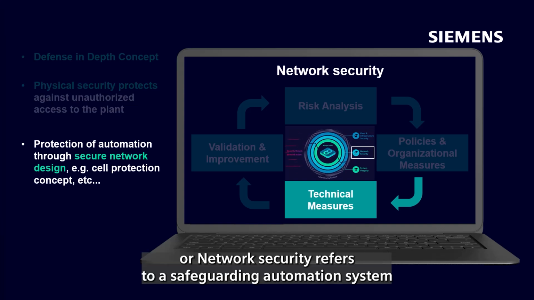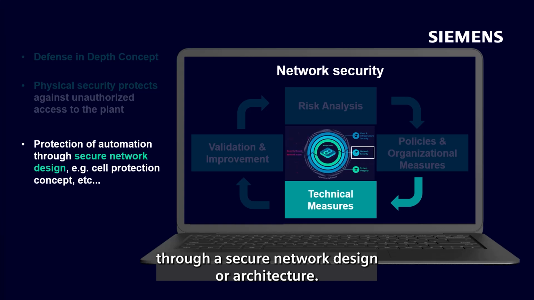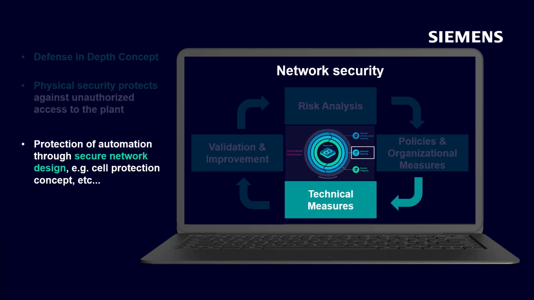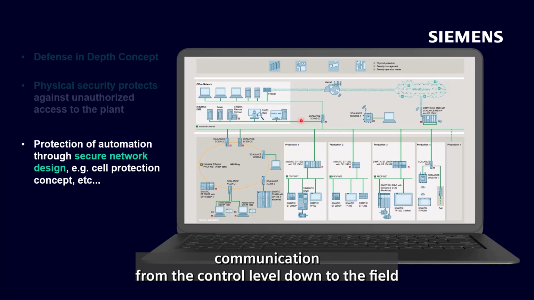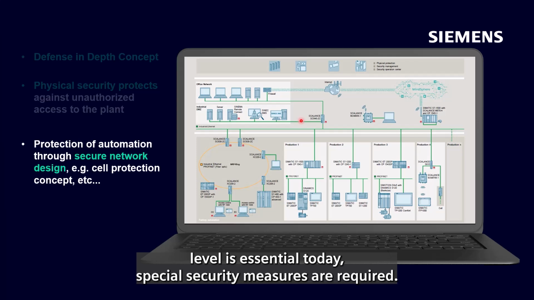The network protection or network security refers to safeguarding automation systems through a secure network design or architecture. Since seamless communication from the control level down to the field level is essential today, special security measures are required.